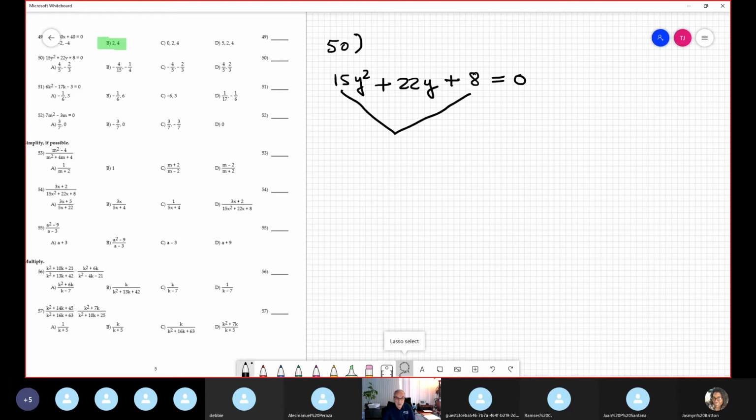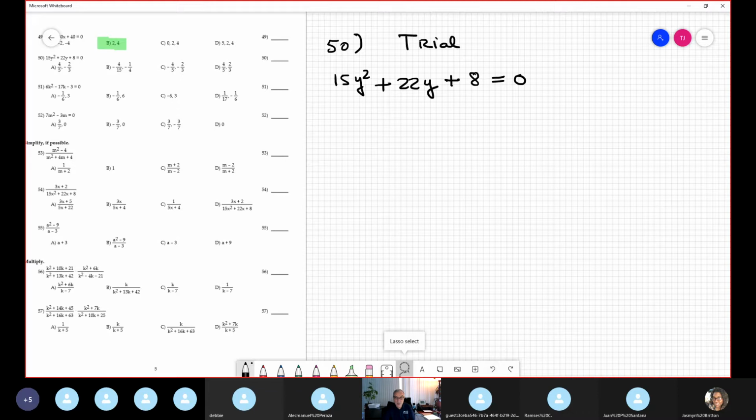When you multiply 15 and 8, it is 120. Not good to apply factorization by grouping. I explained that when you multiply those numbers and the answer is greater than 100, my recommendation is don't do it this way. Do it by trial and error.